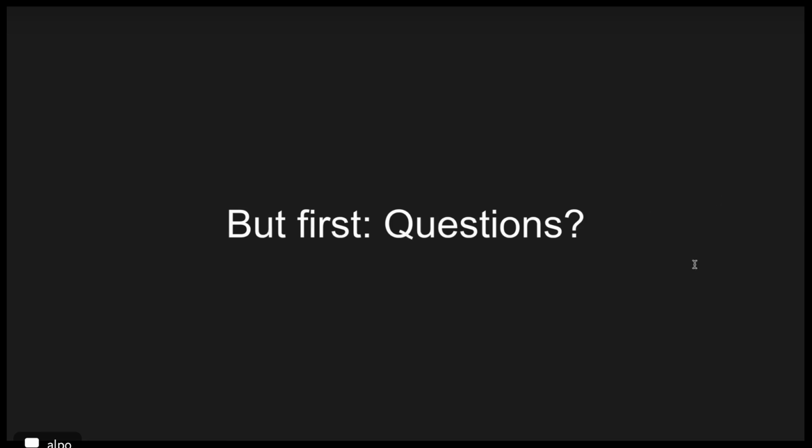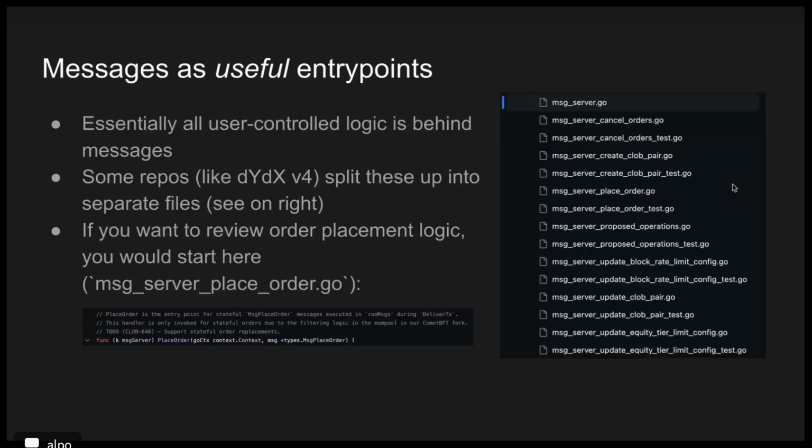So, how can you check access control in Cosmos code bases? The way it works is you have people who submit messages. Every message has a sender that's automatically bundled into the message, and the access control happens where this code snippet was, the place order.